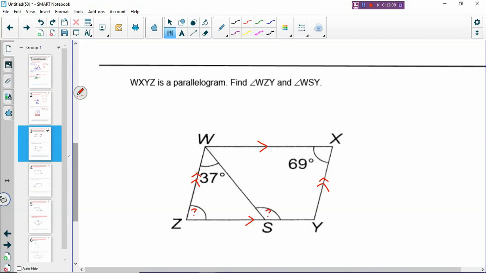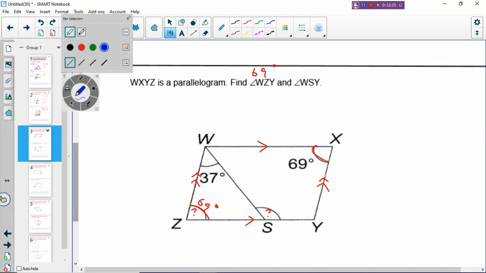Okay, so how do we do that? Because this is a parallelogram, opposite angles are the same. So your angle WZY will be 69 degrees. Then what else do we learn? In your previous lesson on angles, look out for triangles, because if you see a triangle, then you need to apply some properties.